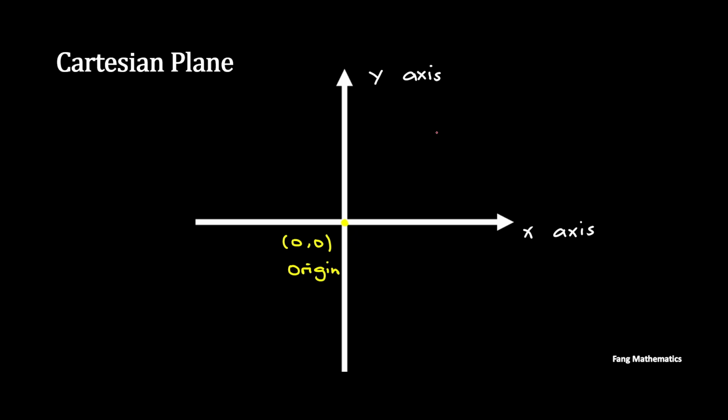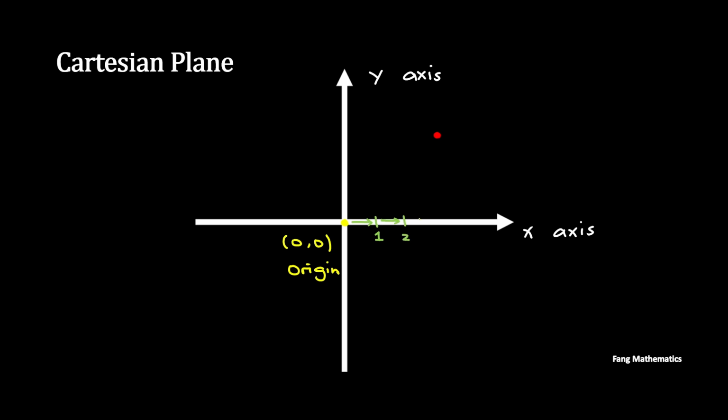Suppose I have a point here and I want to specify this point. We always start from the origin and move in the horizontal direction, or the x direction. In this case, we move towards the right. So 1 unit, 2 units.